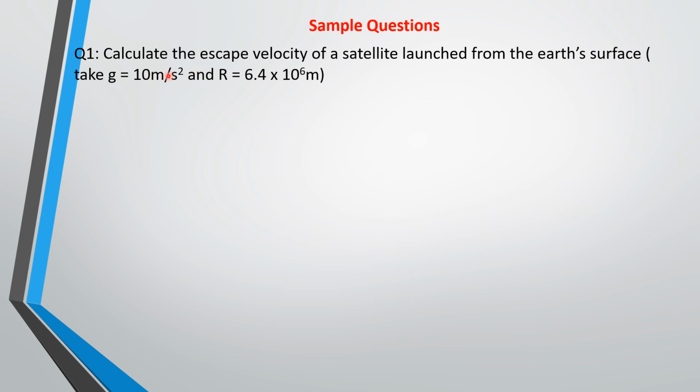Okay, so this is question number 1. Calculate the escape velocity of a satellite launched from the Earth's surface. Take g to be 10 meters per second squared and the radius of the Earth to be 6.4 times 10 raised to the power 6 meters.